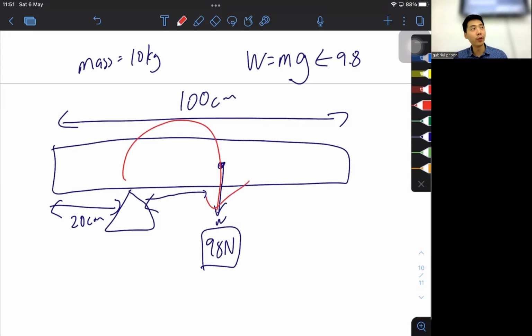It is with reference to the pivot. What about this one here? It's on the right side also. Will it also be clockwise? No, it will not be.